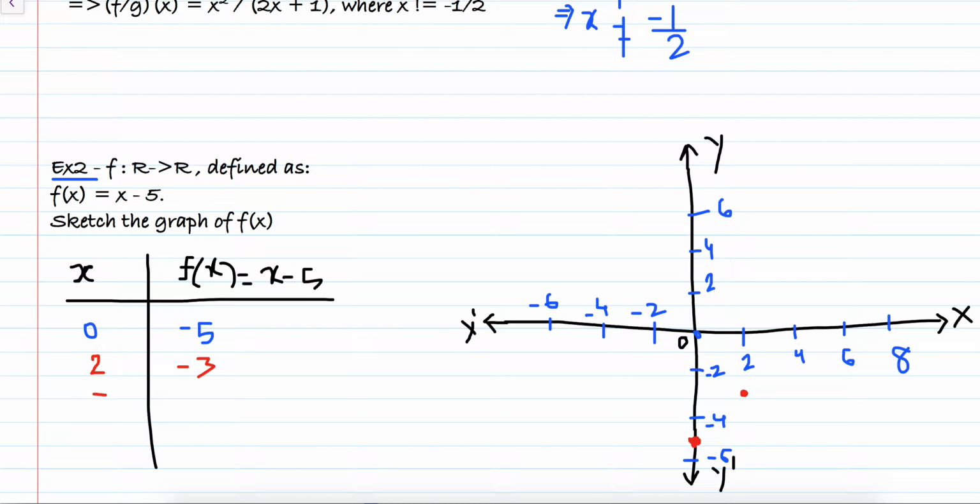When we have x equal to 5, then we have 5 minus 5, 0. So 5 is somewhere here. So if x is 5, y is 0. If x is 8, y is 3. So 3 is here. So we can join these points.